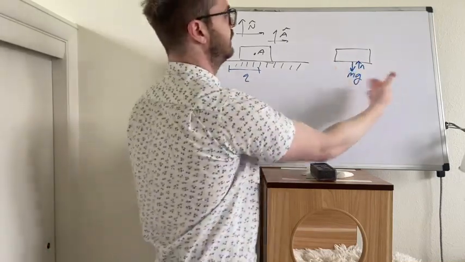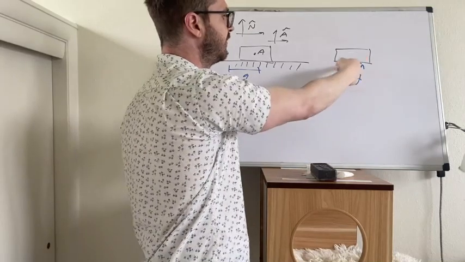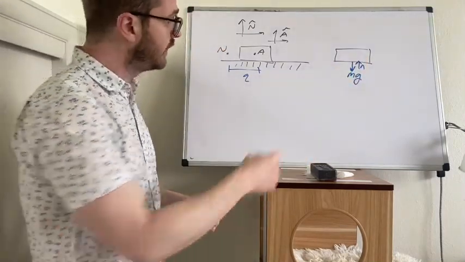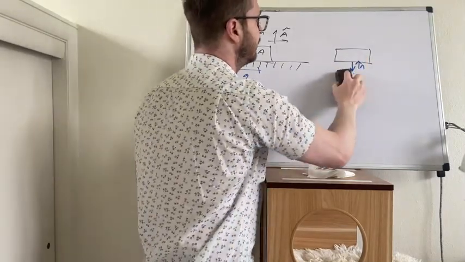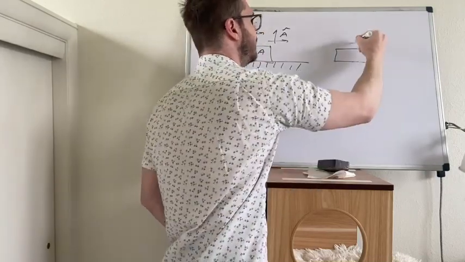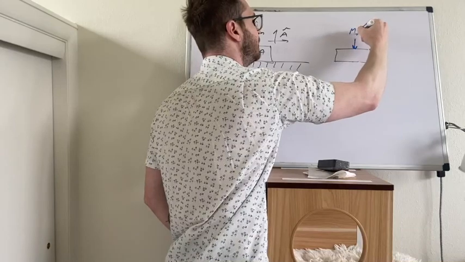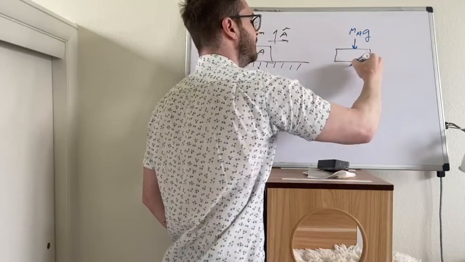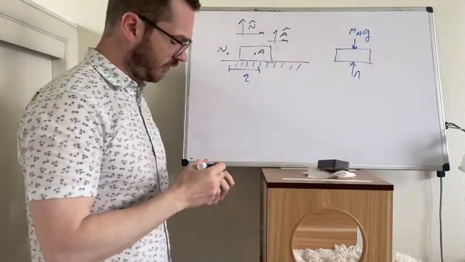Now I've drawn it off center just because there are other things interacting here. We could clean this up a little bit. I could put gravity acting on it here, M_A g, and there we go. Now we're free to put the normal force on the bottom.